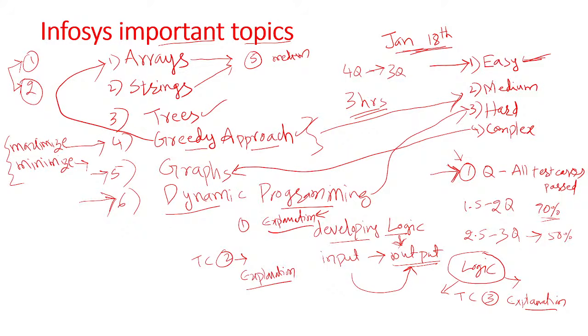Two questions may be from arrays. That's why you might have solved the maximum number of problems by this time. Still you have some time, so refresh at least 5 to 6 problems and solve them on your own, then it boosts your confidence.